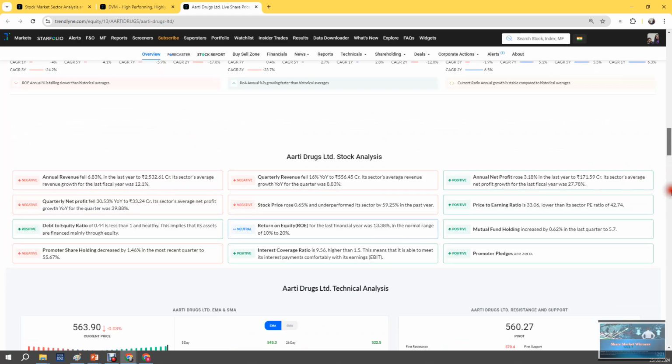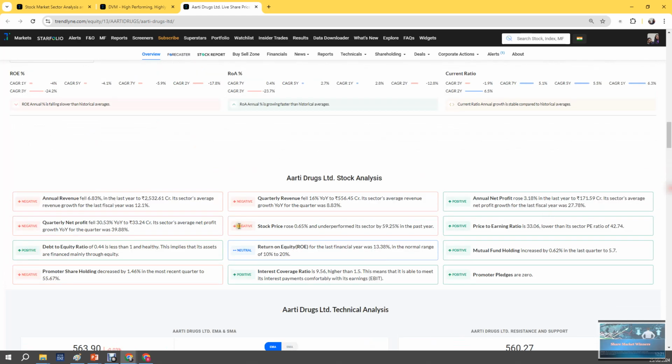Okay. And next, where you'll see the summarized view of analysis, which I mostly share when I share some of these talks, right, to discuss. That will be from this portion. You'll be able to see what all the key parameters are, how they are being considered: promoter pledging is zero, whether there is an increase in the sector annual growth or not, whether the debt to equity ratio is increasing.